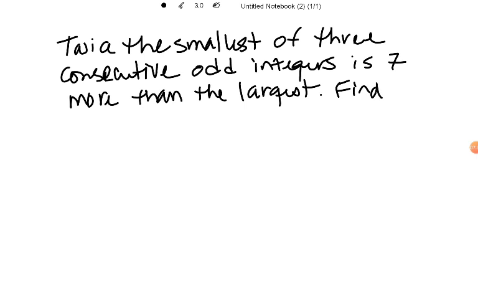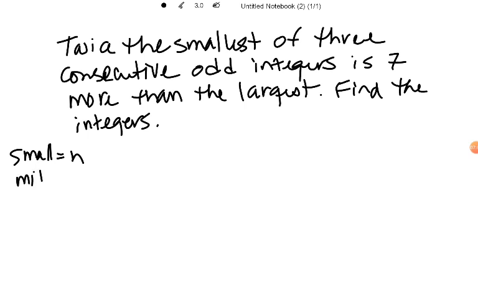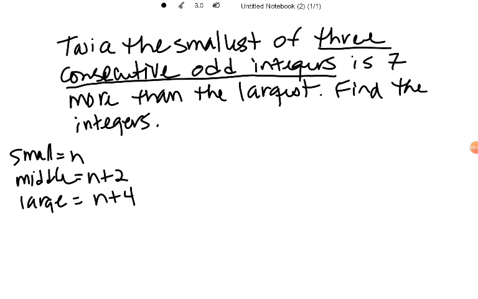Find the integers. So again, let's assign our integers. So our smallest is going to be n. The middle one, because we have to find 3, is going to be n plus 2. And then the largest is going to be n plus 4. So those are our consecutive odd integers.